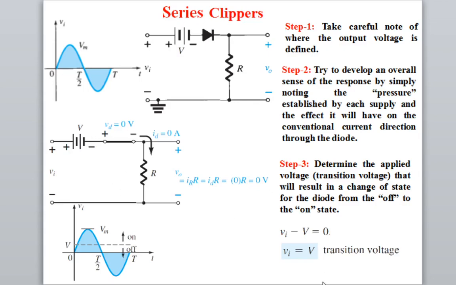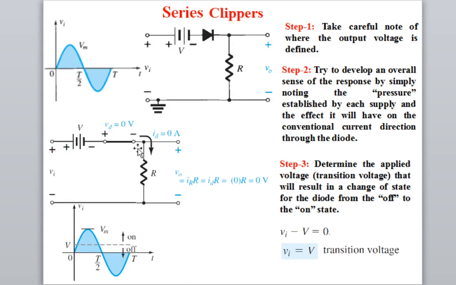On the characteristics curve of an ideal diode, if you remember, in the beginning of my first lecture I explained, this thing whatever we are explaining in stage 3 will occur when the diode voltage Vd is equal to 0.